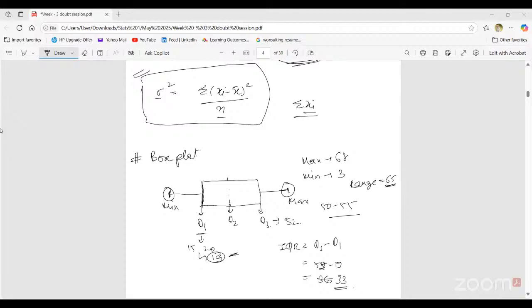Summation of. Have you gone through the solution?